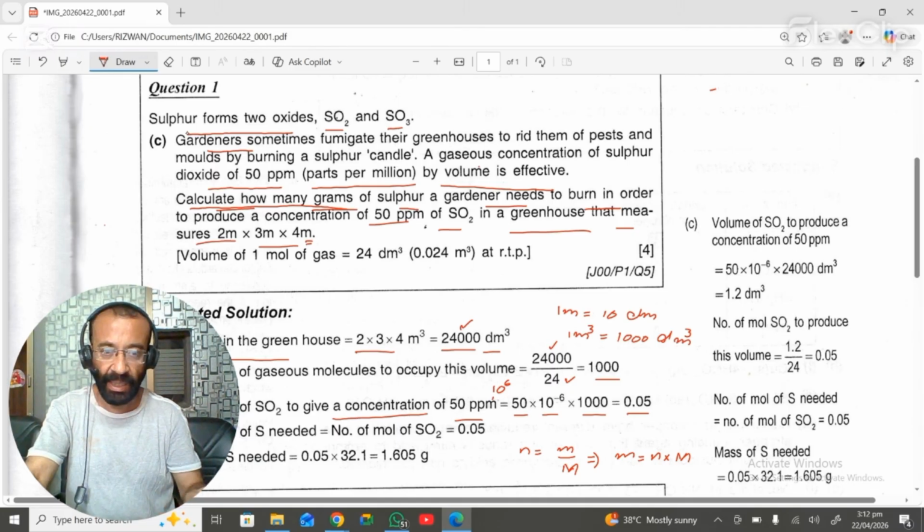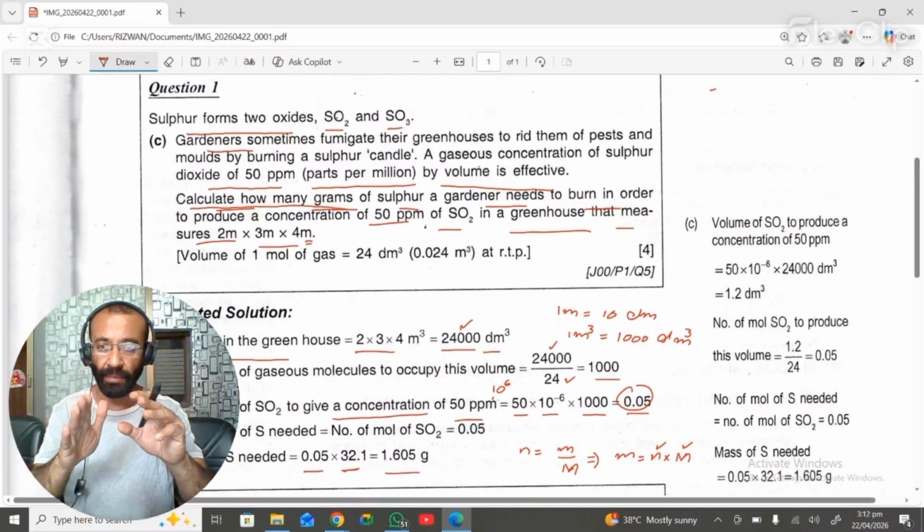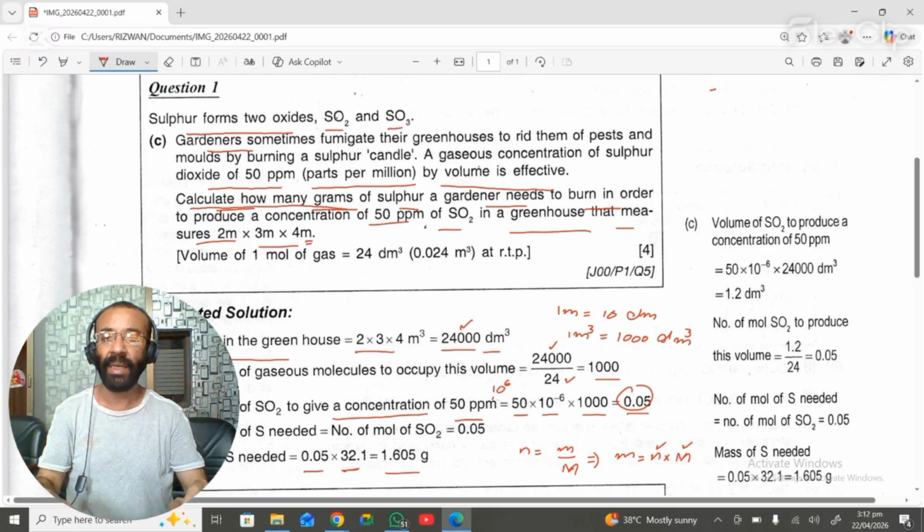These moles will be placed in place of n, and the molar mass of SO2 will be 32.1. So 0.05 multiplied by 32.5. After solving this value, you will get 1.605 grams. This is the number of grams which are required to be burned in the greenhouse.